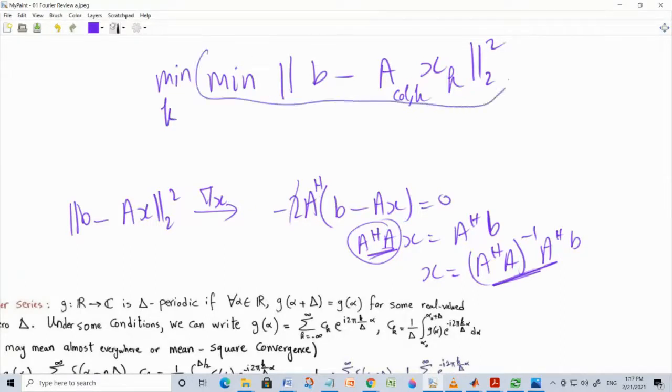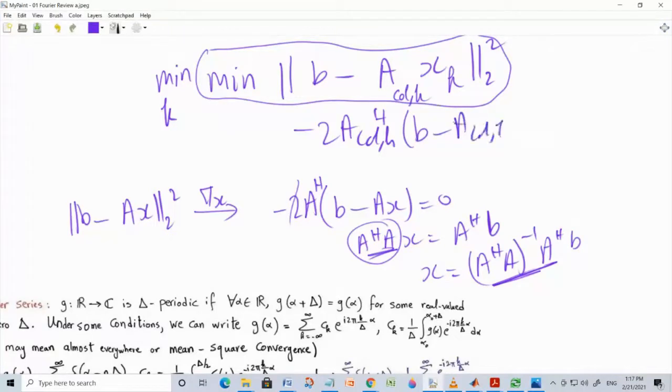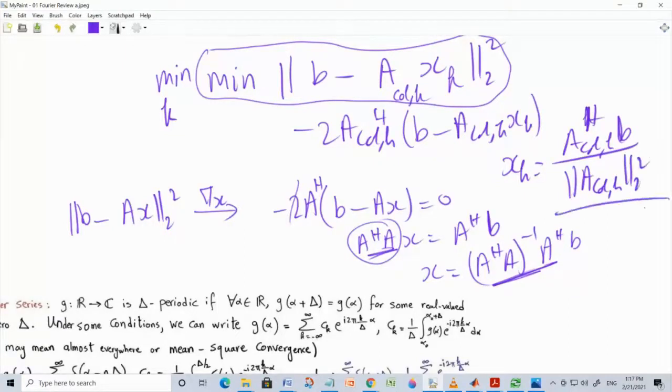The solution of this inner problem is again something that you can write. If we use this trick here, which is very important, this will be minus 2 a_k Hermitian, and then you have the bracket b minus a_k x_k. And so the optimal x_k can be written as a_k Hermitian multiplied by b, divided by the L2 norm of a_k squared.